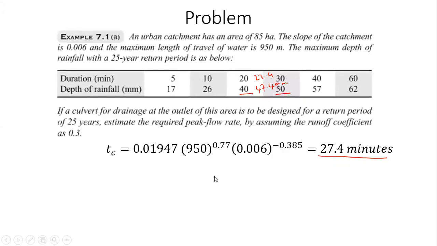Right? Okay. Now, what do we do with this information? The rainfall intensity is not uniform. Okay. But given this information, what is the best you can do?